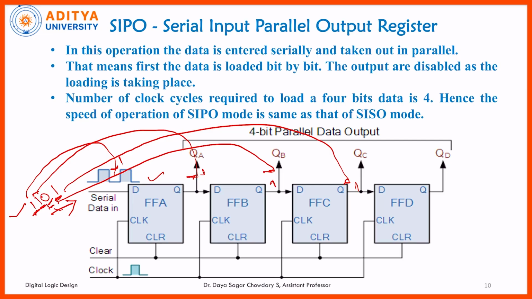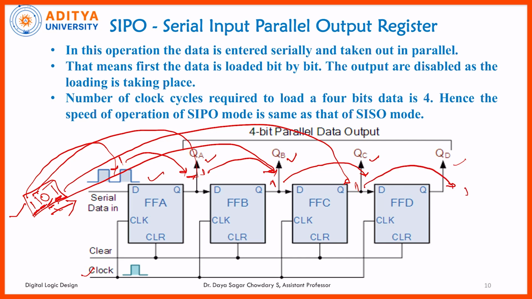Now after connecting this and applying this example data, we get QA, QB, QC, QD taken at the output side of all the flip flops. So we can take them directly. Once we enable the clock signal, the 1 will appear here, this one will appear here, this 0 will appear here, and the final 1 will appear here.